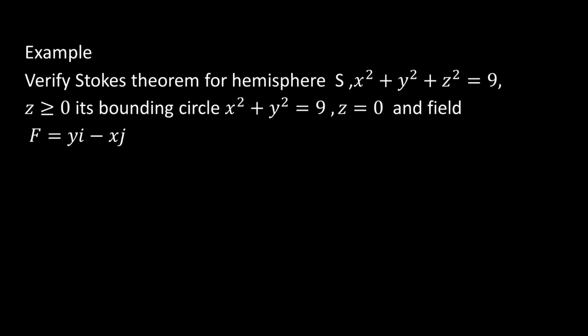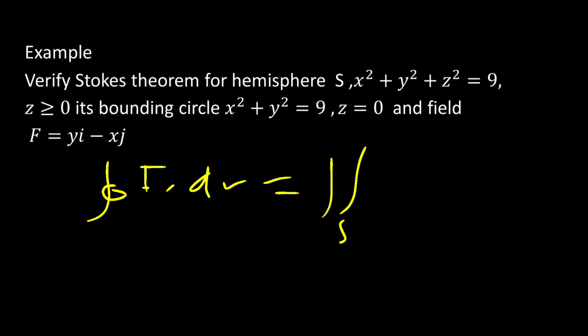Now let's do the working of this. We know that the relationship we need is that the line integral of F dot dr is equal to the surface integral of the curl of F dot dS.